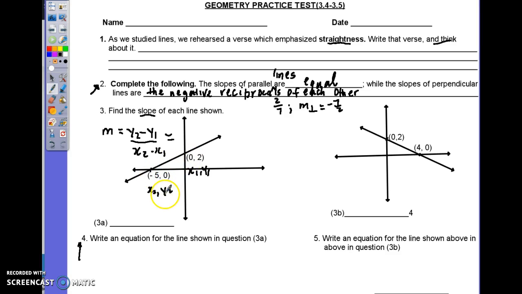So now y2 minus y1 over x2 minus x1 is the slope of a line given 2 points on the line. So it's going to be 0 minus 2 over x2 minus x1, which would be -5 minus 0. Upstairs, the 0 does not contribute anything, so I don't even write it. It's -2 over -5.